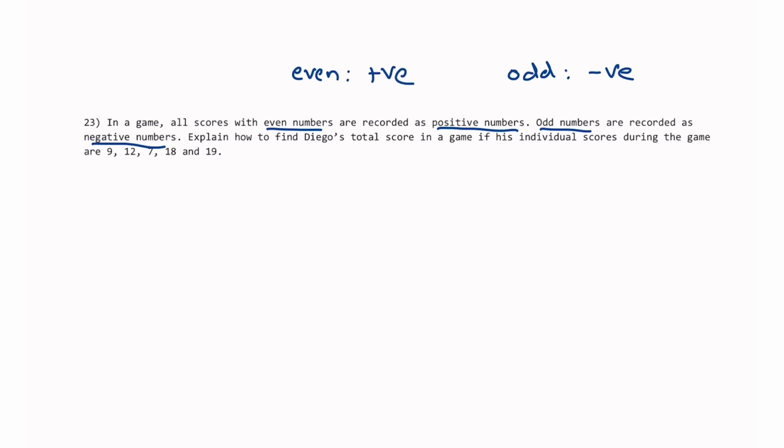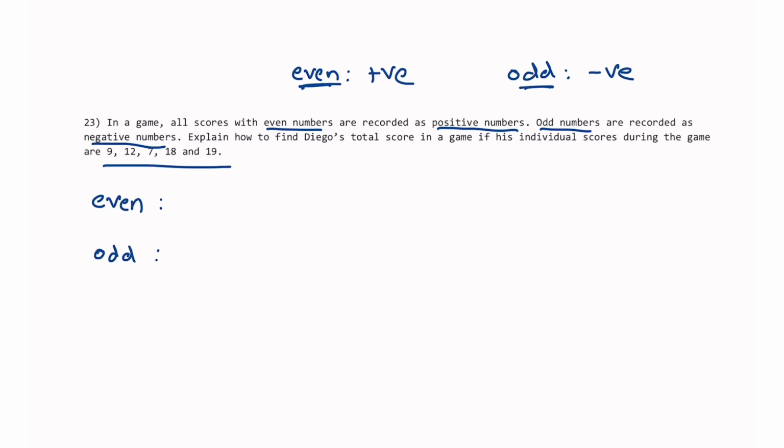Explain how to find Diego's total score in a game if his individual scores during the game are. So they've given us the individual scores here. Now, what does this say? Even and odd. So we are going to categorize these numbers first, okay? So let's write here even and let's write here odd.